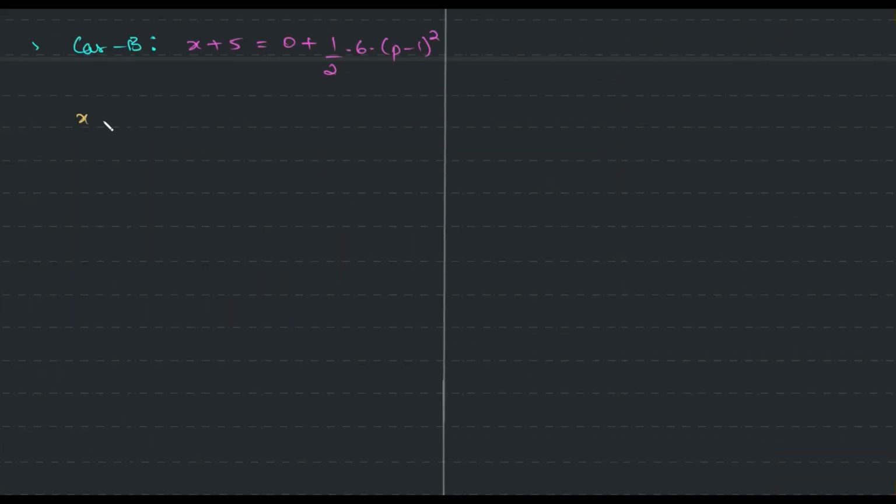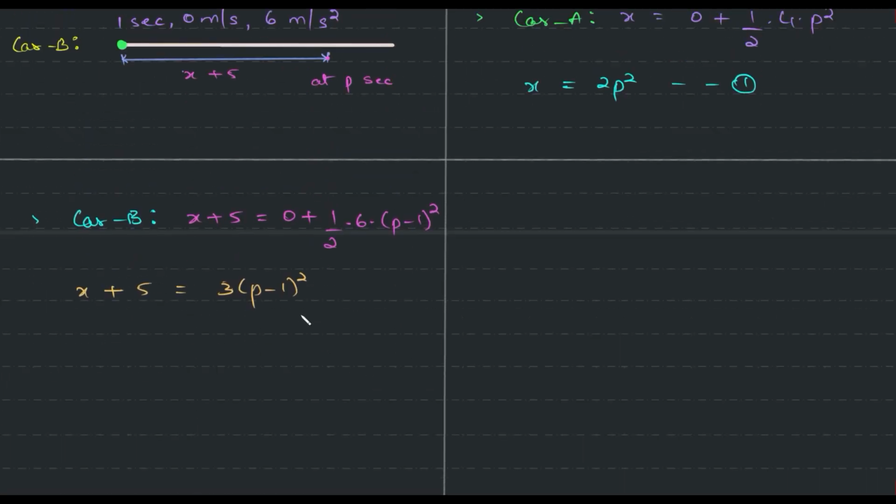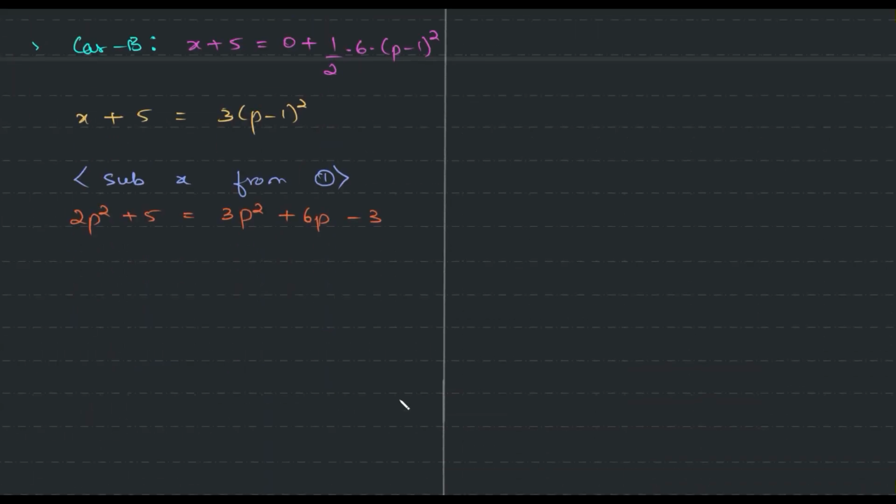So basically we'll end up with x plus 5 is equal to 3 times p minus 1 the whole square. Actually, this step is not needed for you guys to write. So we'll substitute x from 1. So we end up with 2p square plus 5 is equal to 3p square minus 6p plus 3. A bit of simplification and p square minus 6p minus 2 is equal to 0.